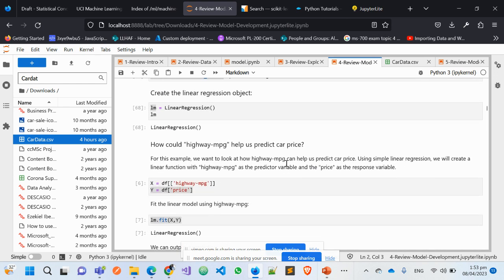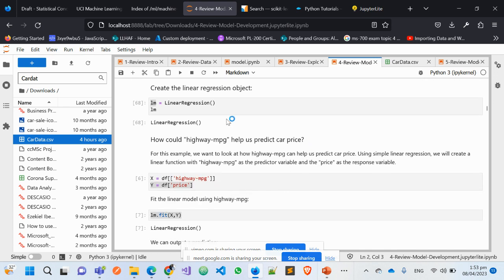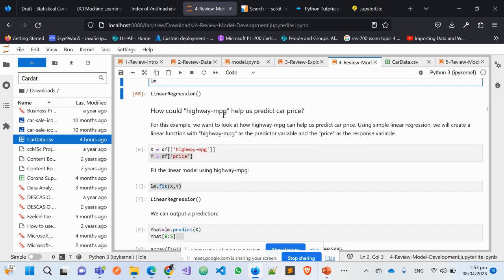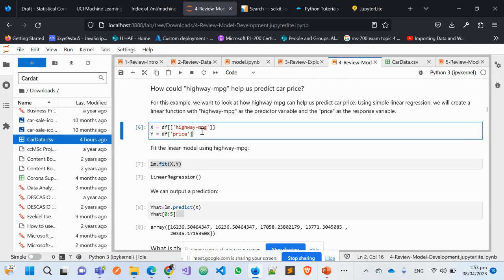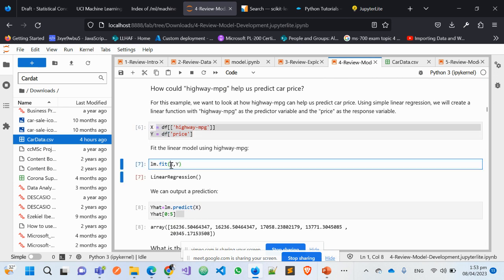First of all, you import your library. After importing your library, you define your linear regression object, and then define your variables, and then you fit using the fit function as given here. Whatever variable it is that you use, you can use it to do the same thing. All you need to understand is the fit function will have to have two arguments.